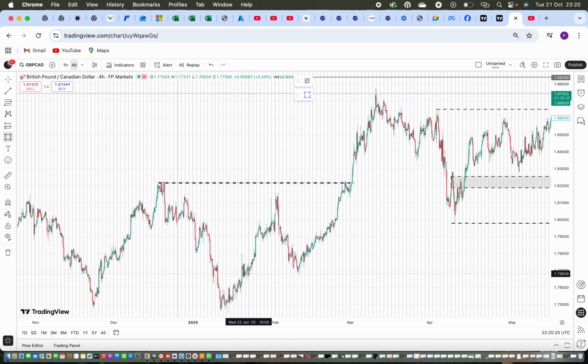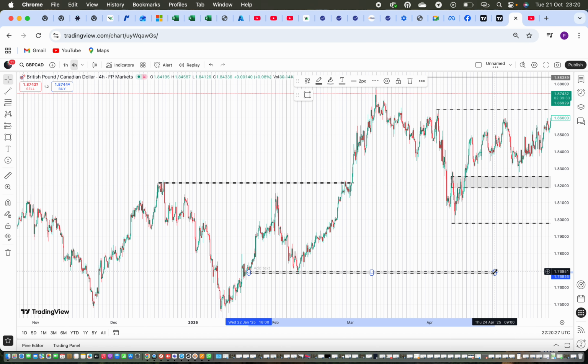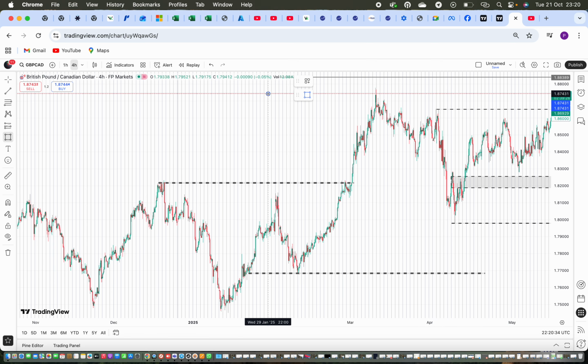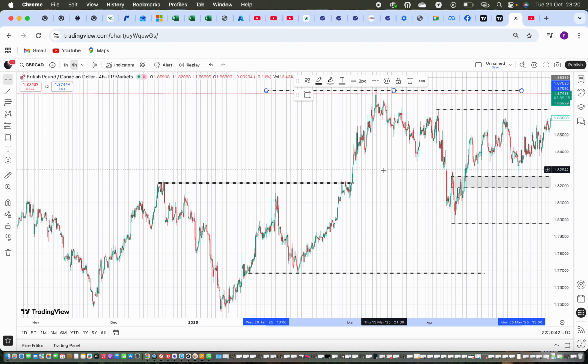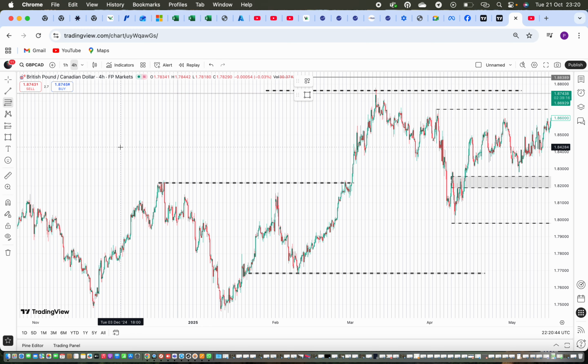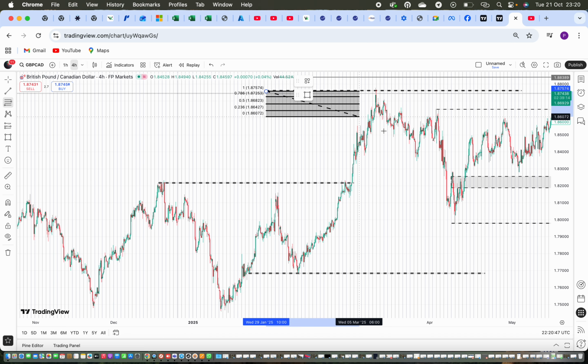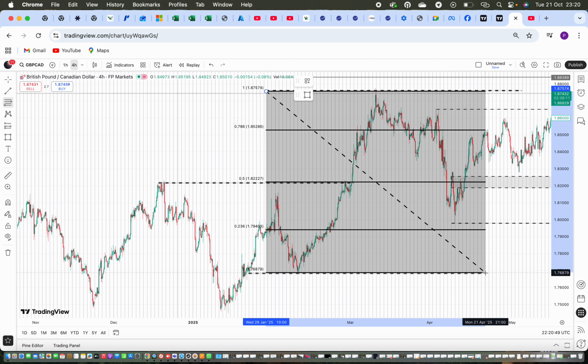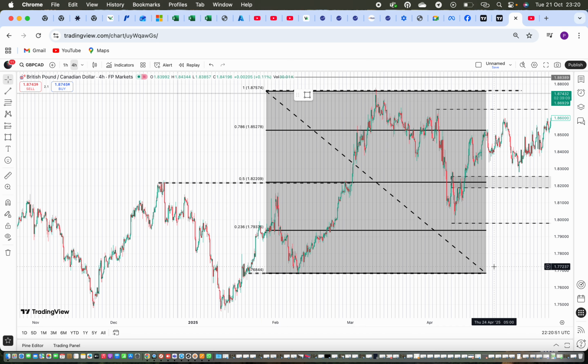This was the low that led to that break of structure. All right, and this was the high that we were able to have, that high there. Okay, so if you take the Fibonacci tool and we apply it to the high and to the low, can you see?